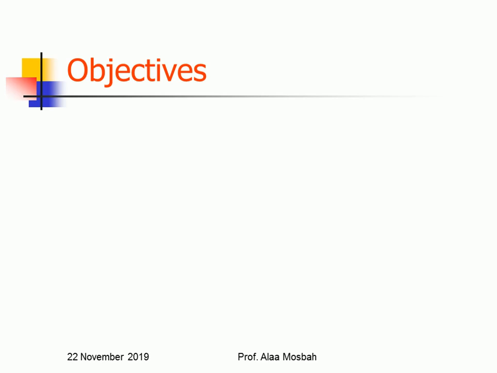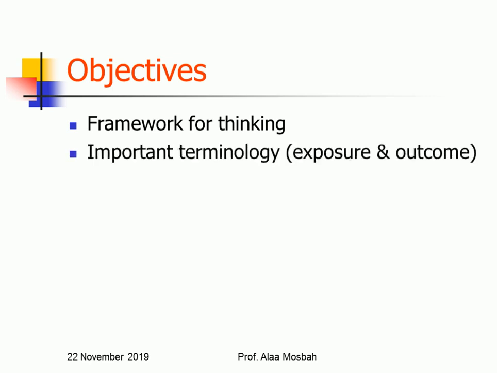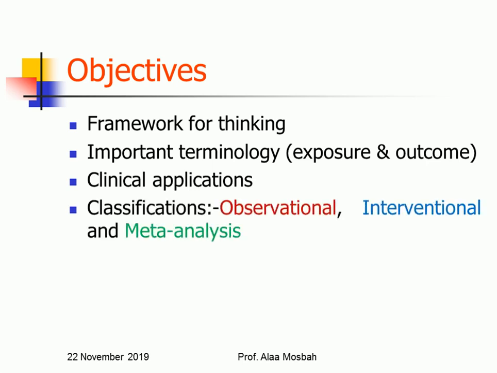So, what we wanted to discuss today: the framework for thinking about study design, important terminology like exposure and outcome and how to define both of them, clinical application, and classification of study design, which is the main core of our lecture today.